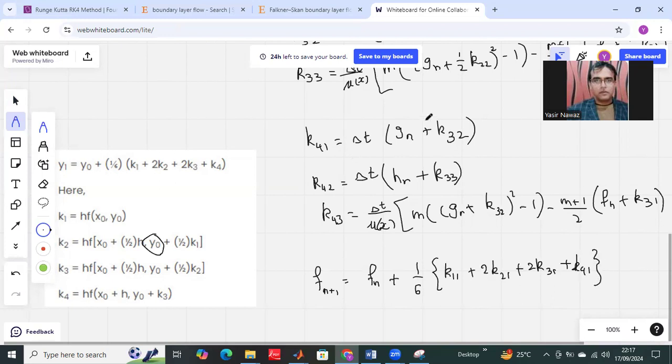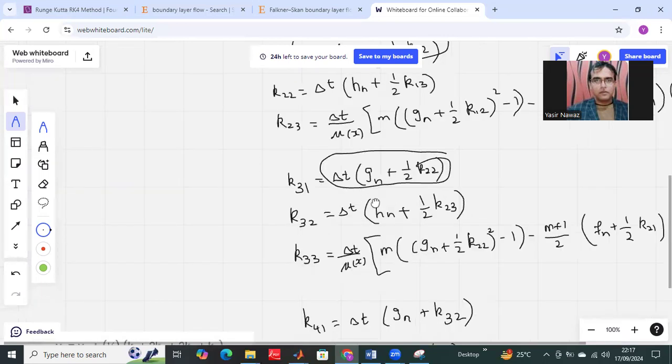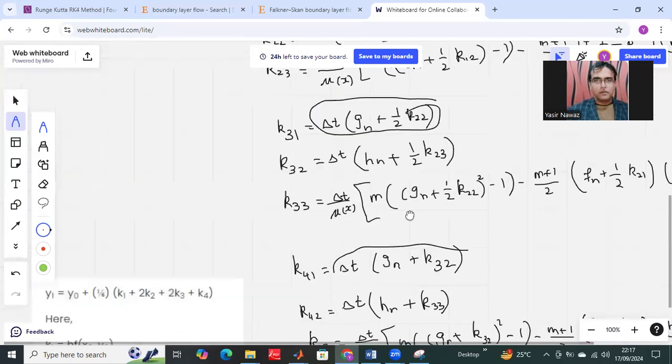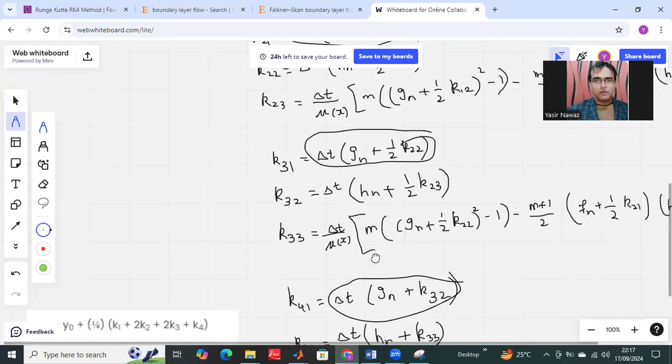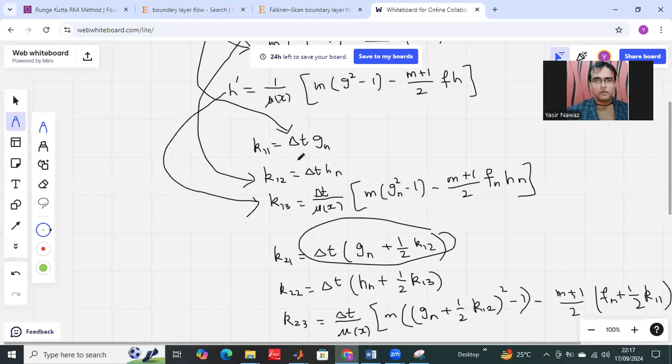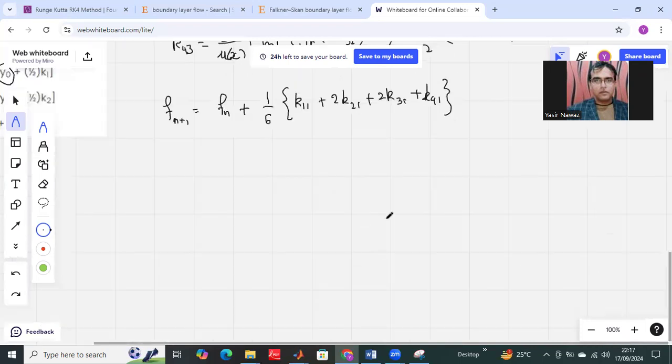So first equation for all these stages: this is the first stage, and then this one, and then this one, and then finally this one. So these four will be added with the weights.